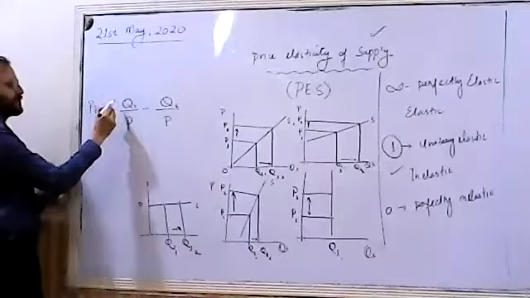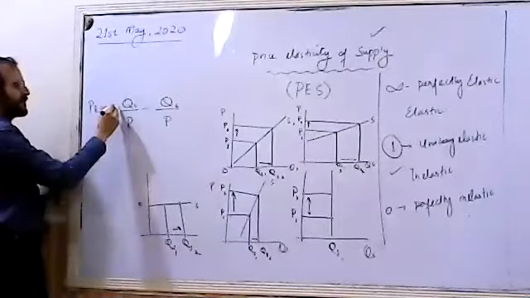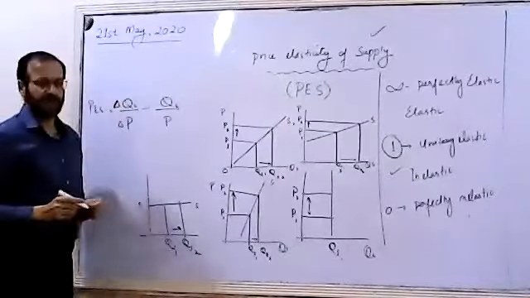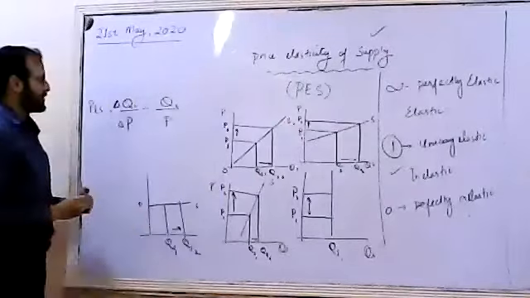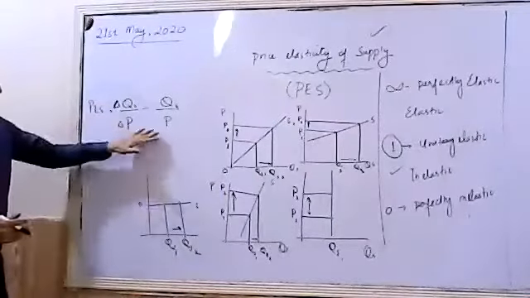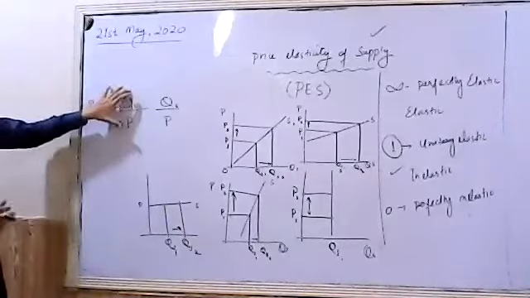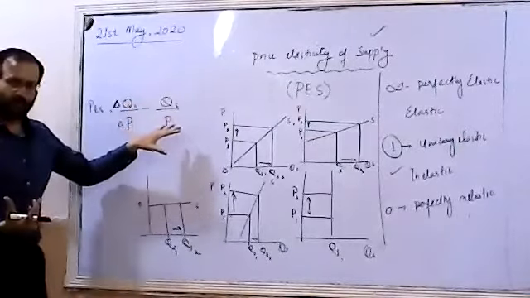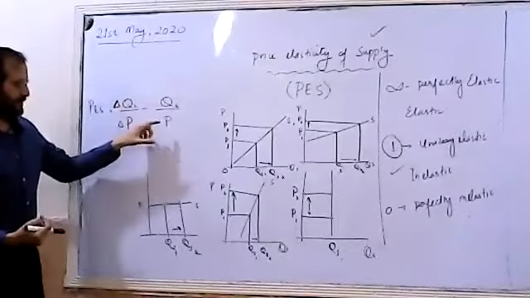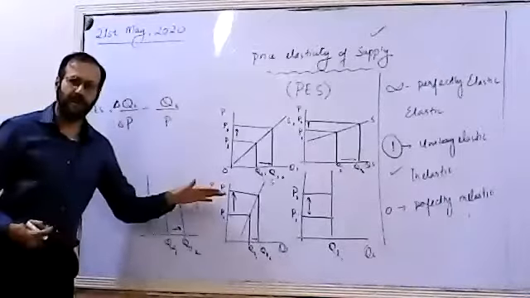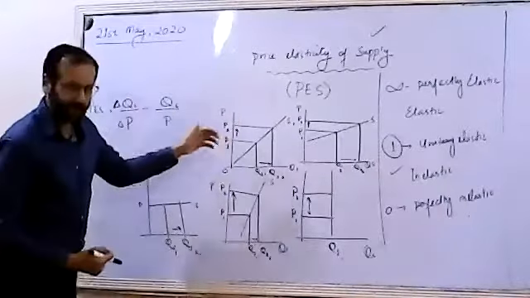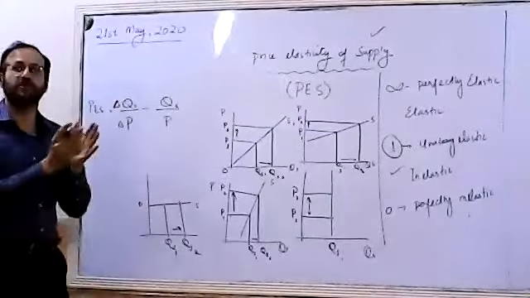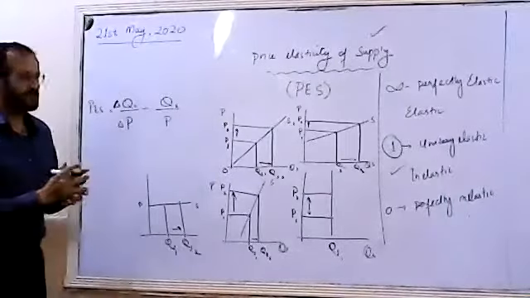But the only change which we bring on the left side of this notation is a delta sign, which means change. So in other words, this notation tells us that we always compare the change by dividing with the original. We all know about that. These QS and this P stand for the original quantity supplied and original price, whereas the delta QS and delta P are the change, the difference between the two values. We did this in the last lesson as well.